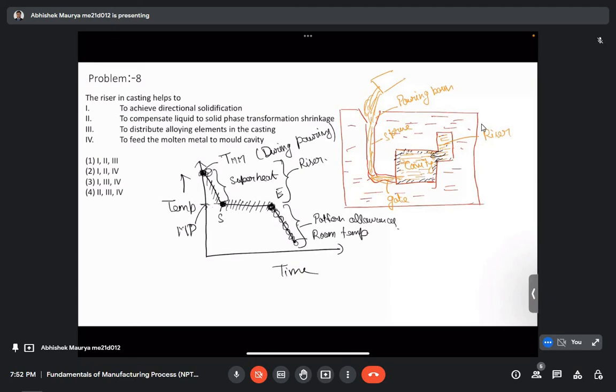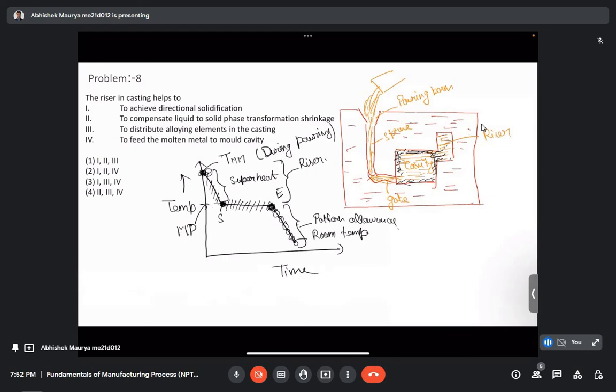But since we have molten metal inside the riser, it will come to all the regions wherever the shrinkage is happening, and this process will keep on happening till the solidification process ends. So the function of the riser is to supply the molten metal throughout the solidification process.